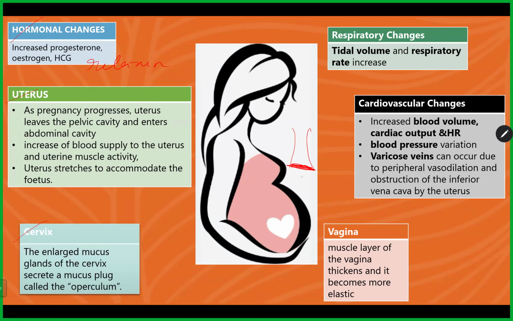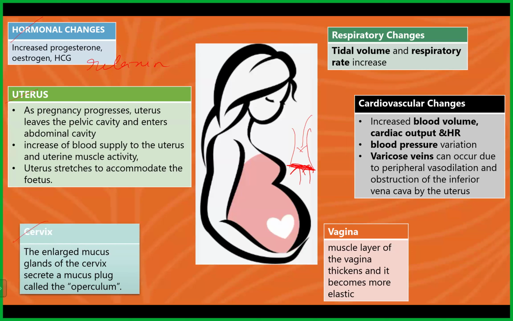It is like a seal, like a door. No infections or anything will enter from here, plus the baby is also supported in this manner. Until relaxin and all is secreted in excess amount, this operculum will be there. So your initial signs of labor can be a sudden discharge of a substance, which is the operculum.